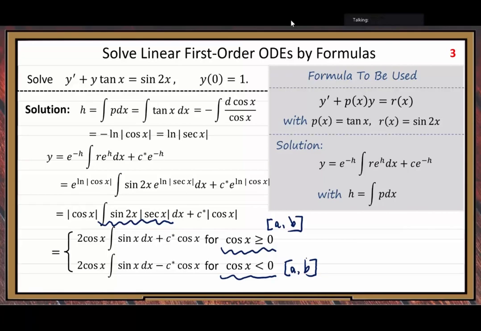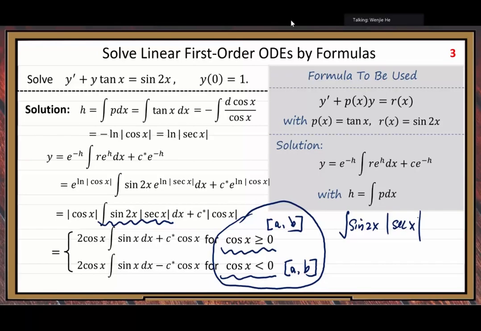Because if you do not have the situation like this, then there is a possibility when you take this integral of sine of 2x, absolute value secant of x.